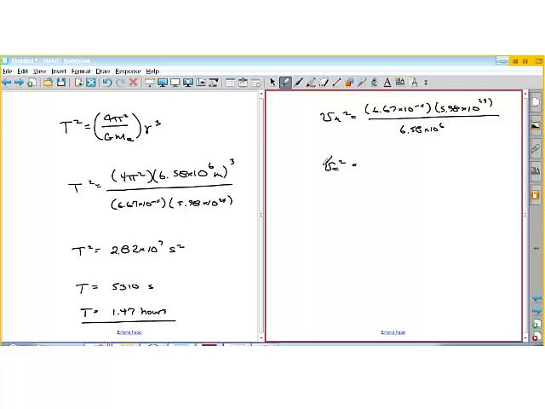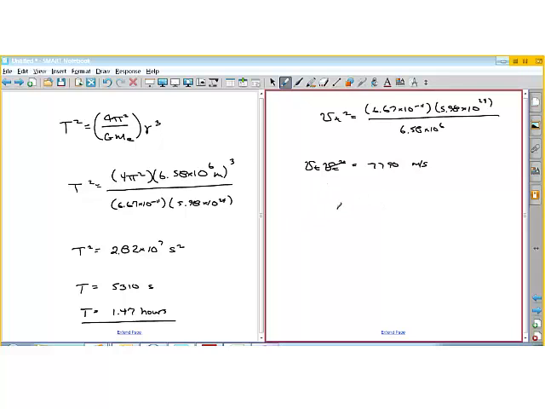That's the velocity squared. Then take the square root of that, and you get 7,790 meters per second. Okay, that'll be one way of doing it.